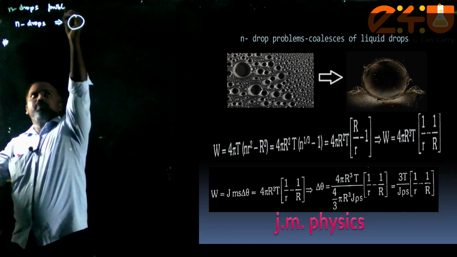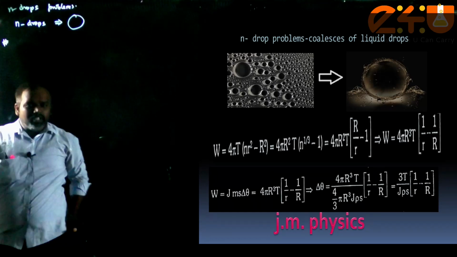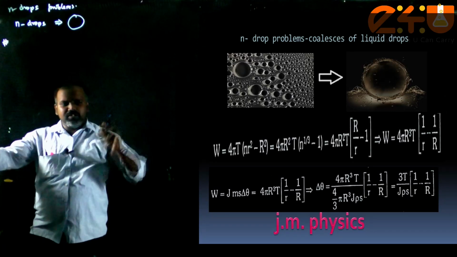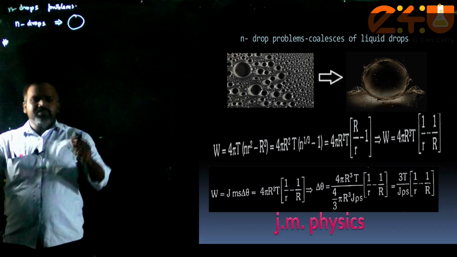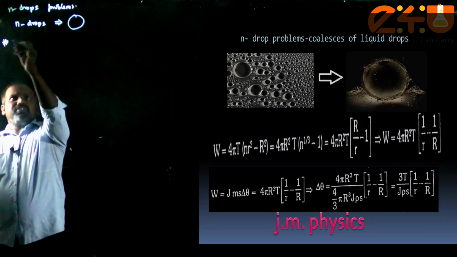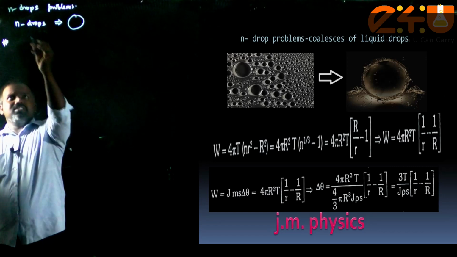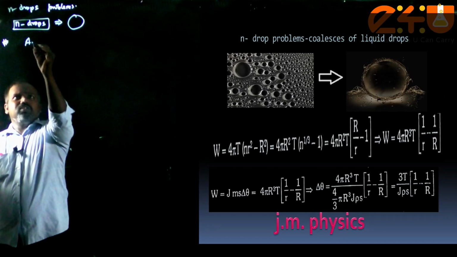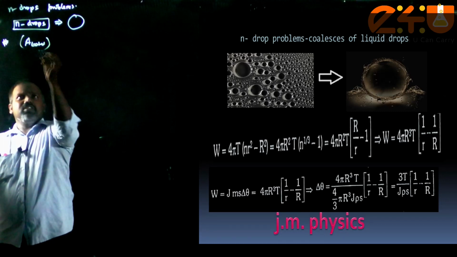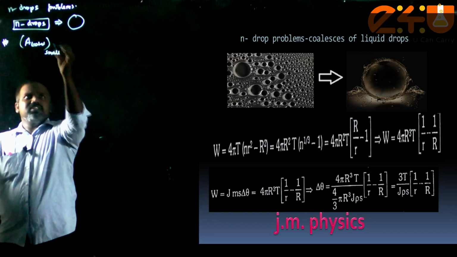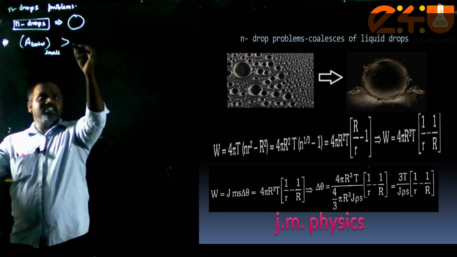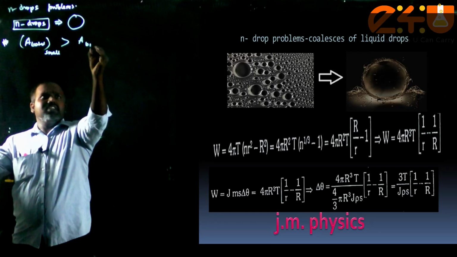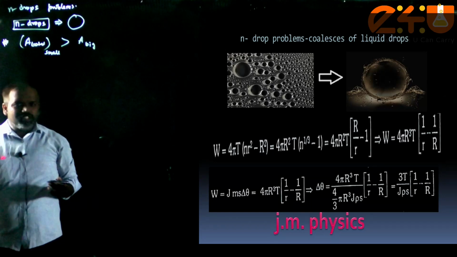That is a very important thing, because the same thing is used in electrostatics also, in the capacitance topic. The first point to keep in mind is that the total area of the n identical smaller drops is always greater than the single big drop's area.